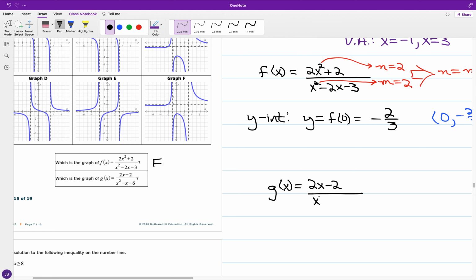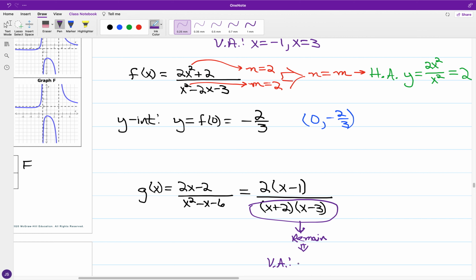Okay, so again, the x plus 2 and the x minus 3, okay, those are going to remain. So we're going to have for the vertical asymptotes, okay, so from x plus 2 equal to 0, we have the x is equal to negative 2, and from x minus 3 equal to 0, okay, we have the x is equal to 3.